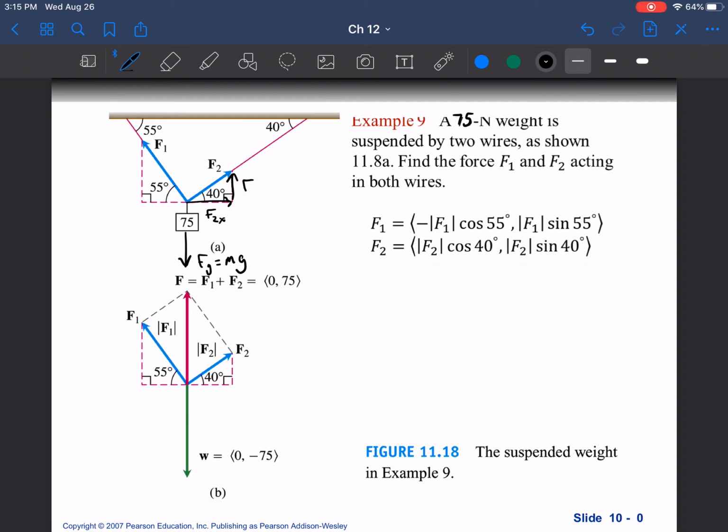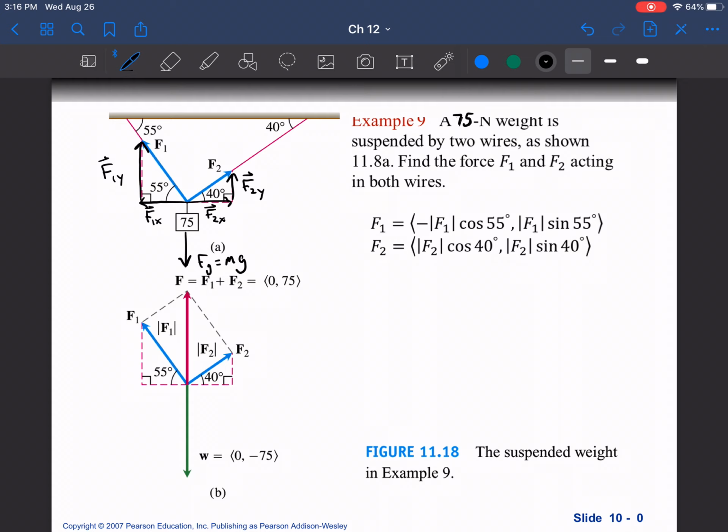This would be F2 in the y direction. They're components, but I'm labeling them as vectors. The length of those is the components. I'll have F1 in the x direction, that projection, and then F1 in the y direction, that projection vector.